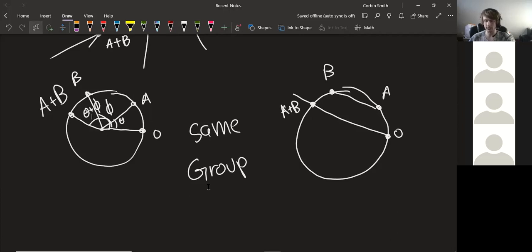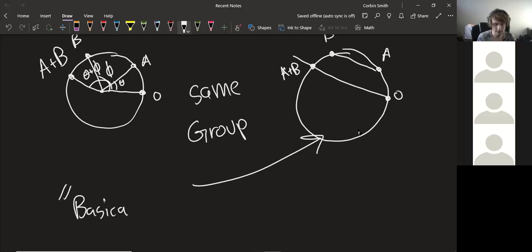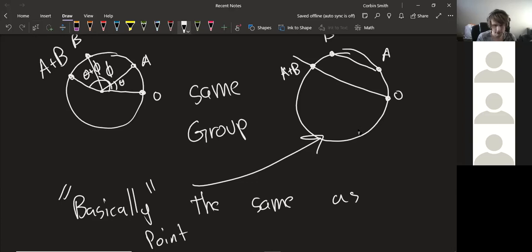All right. This is also, in air quotes, basically the same as point addition on elliptic curves. It's basically a degenerate case of it.